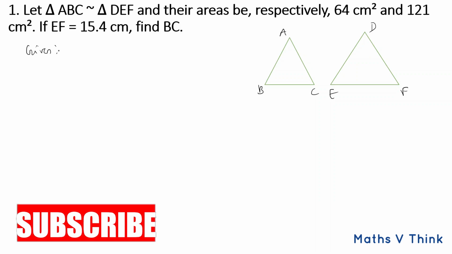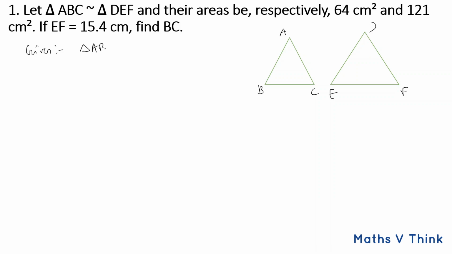Given, triangle ABC is similar to triangle DEF and they gave their areas. Area of ABC is 64 cm square.